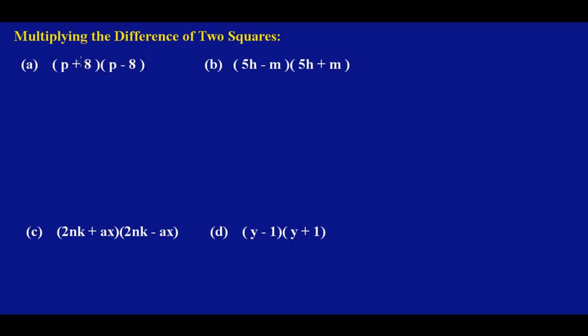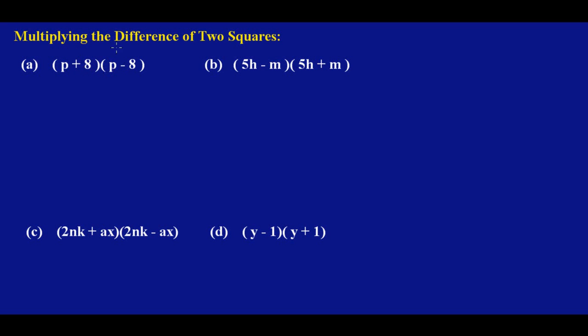It's a square, meaning that a square means that something is being multiplied by itself, and a difference means to subtract. So basically what I have inside this bracket is the same thing I have inside this bracket, but the only thing that separates both is I have a plus in this bracket and a minus in this bracket.